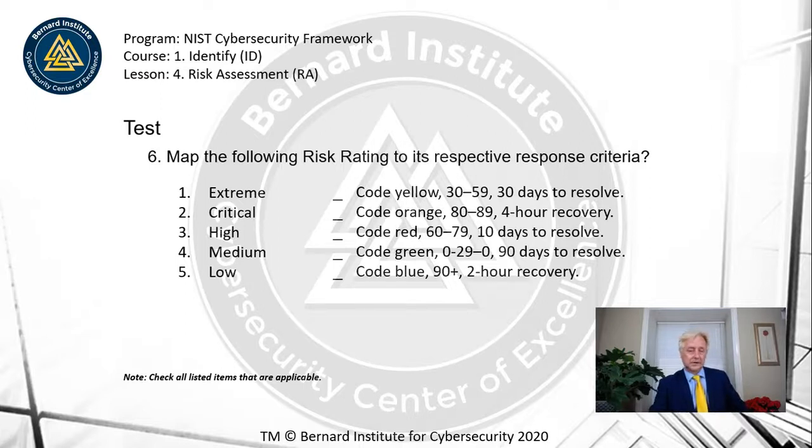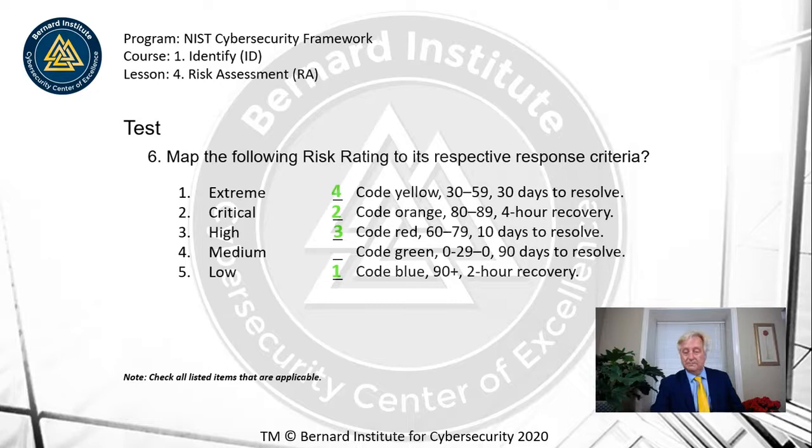Extreme is, yes, that's right. It's risk rating 90 plus, code blue. How about critical? Critical is code orange. It's 80 to 89 risk rating, 4-hour recovery. High is code red, risk rating 60 to 79, and you have 10 days to resolve that.